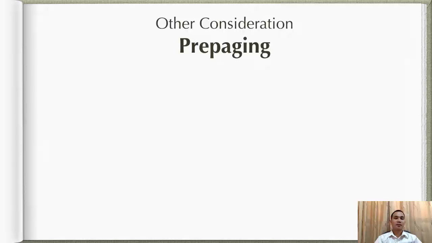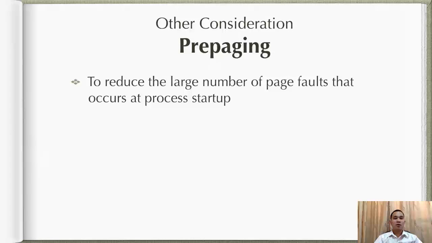First, pre-paging. It is an obvious property of pure demand paging that a large number of page faults occur when a process is started. This situation results from trying to get the initial locality into memory. Now, to reduce the large number of faults that occur at process startup, we implement pre-paging.